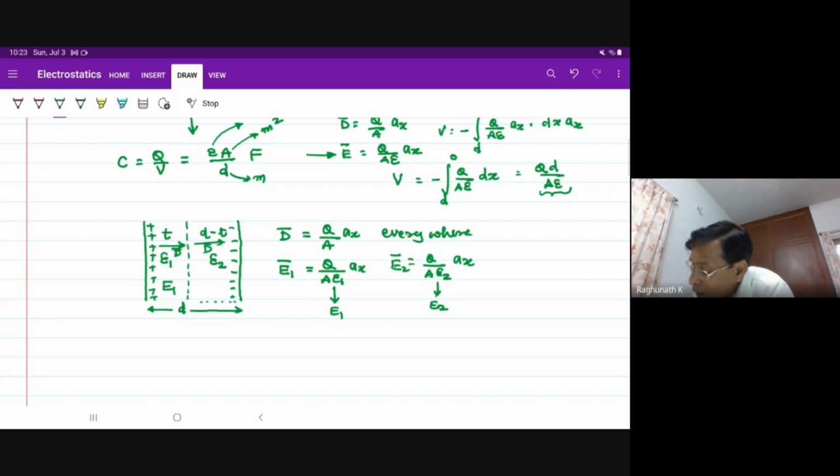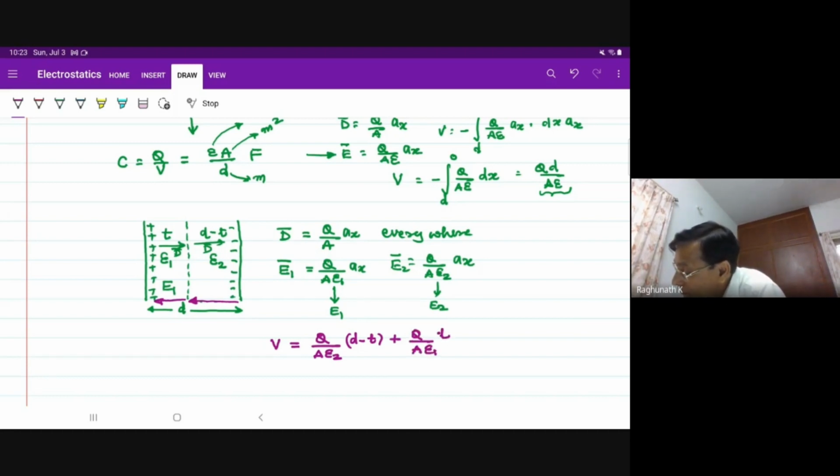First again is E2 through a distance D minus T, then again is E1 through a distance T. Because of which the potential difference V between the plates of this capacitor is Q by A epsilon 2 into D minus T plus the remaining work done, Q by A epsilon 1 into T.